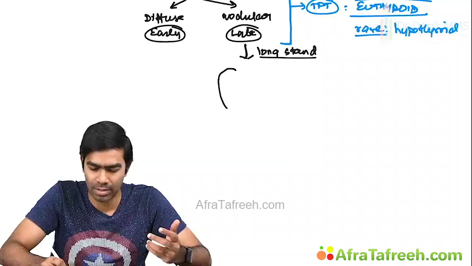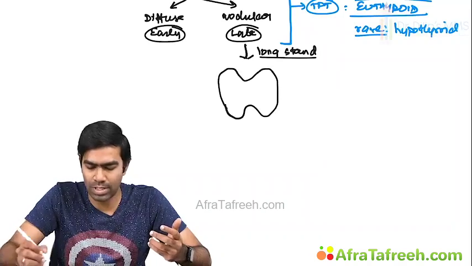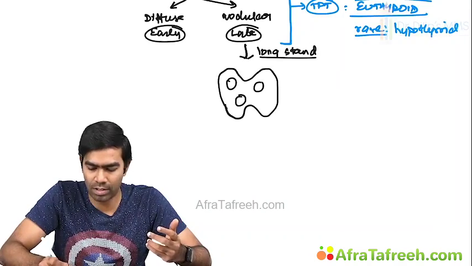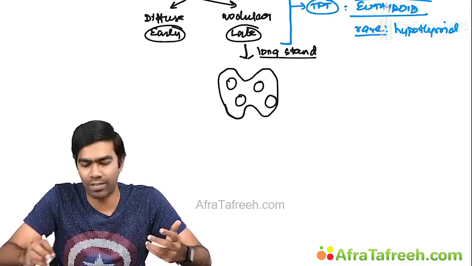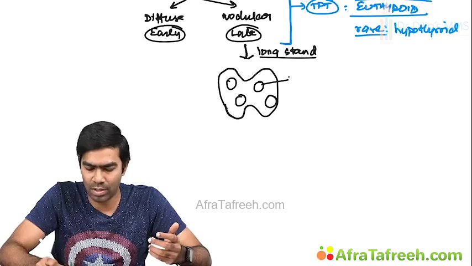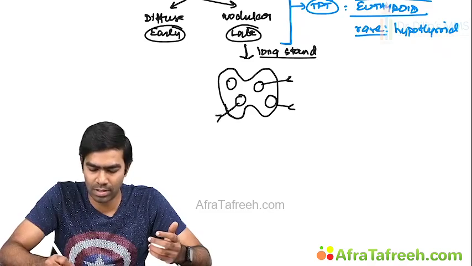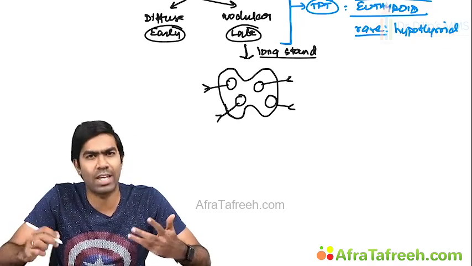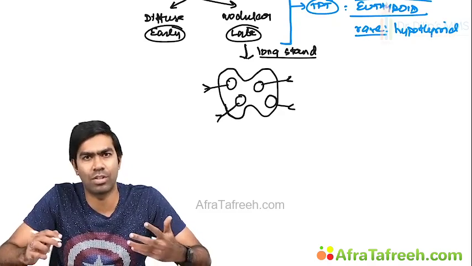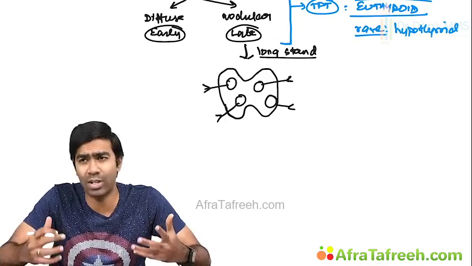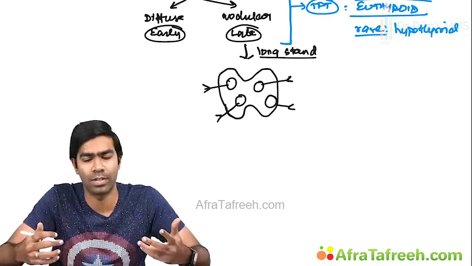Let us see that. Suppose this is the gland and you have different nodules in different areas, and a lot of areas have these TSH receptors, isn't it? Because of continuous excess stimulation of TSH on the TSH receptor, because they need to take up iodine, they are in the necessity now.